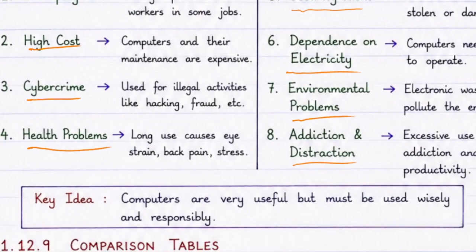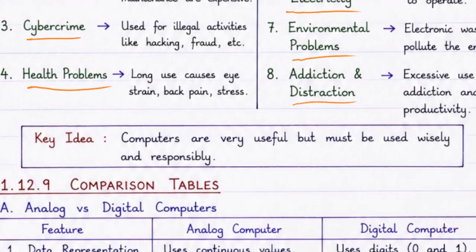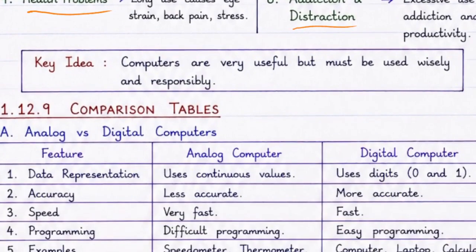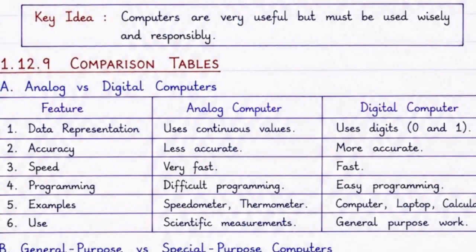Computers are very useful but must be used wisely and responsibly. Now we want to look at the comparison table: analog versus digital computers. For data representation, analog computers use continuous values. When we say continuous values, it's like when you want to increase the volume of your radio set.